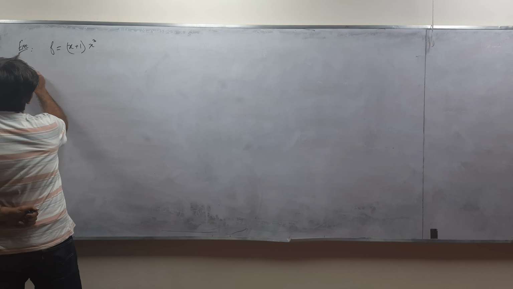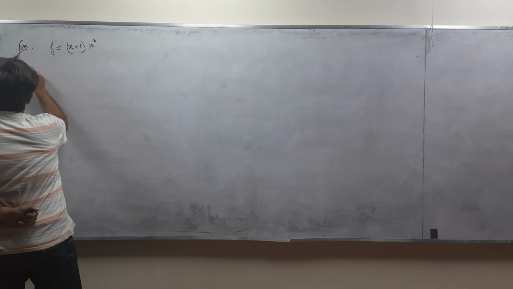3x square times x plus 1, plus this is 1, you may write, this is 1 plus 0 times x cube.